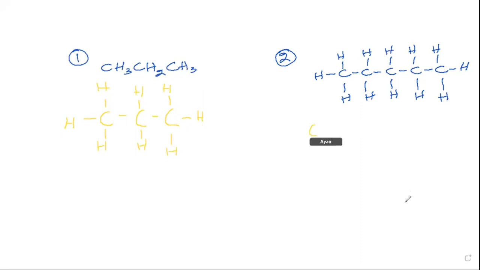Good. You're supposed to write both kinds of condensed forms, the ones with carbon-carbon single bonds and the ones without. Wait, so this is not correct? Yeah, this is correct, but I want you to do this one right now. Go ahead, whichever one you prefer. I'm just finishing this one.